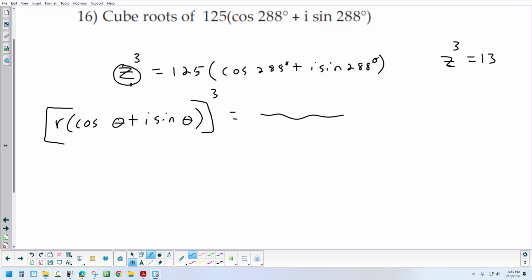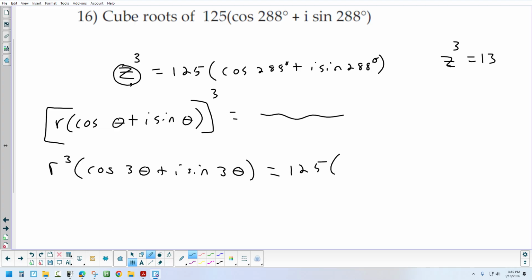R to the third, parentheses, cosine 3 beta plus i sine. And now set that equal to what we have. Now everything is in trig form.